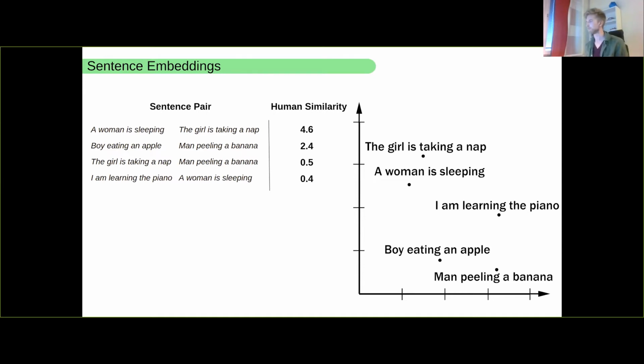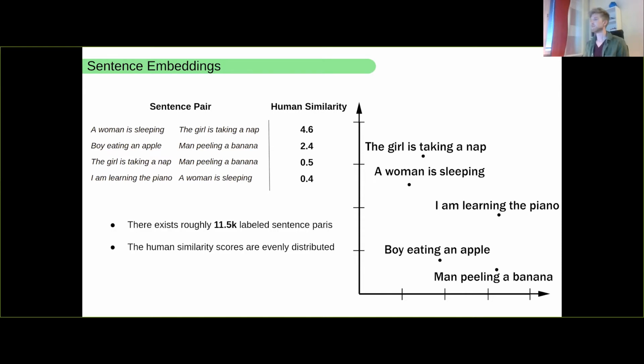And there exist roughly 11,500 labeled sentence pairs. So there isn't an overflow of data here. We're working in a somewhat sparse data environment. And it is very easy to find non-semantically similar sentences, right?